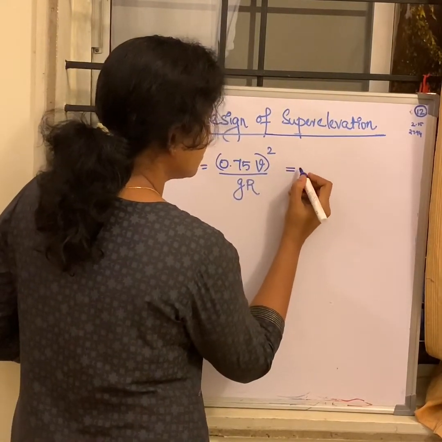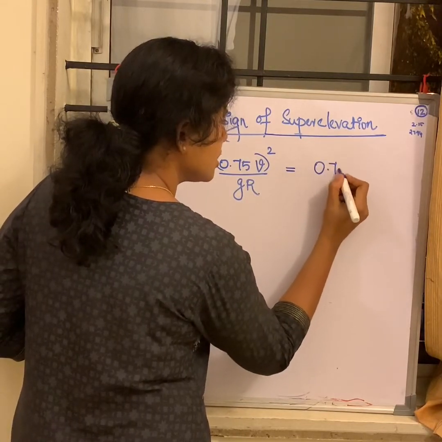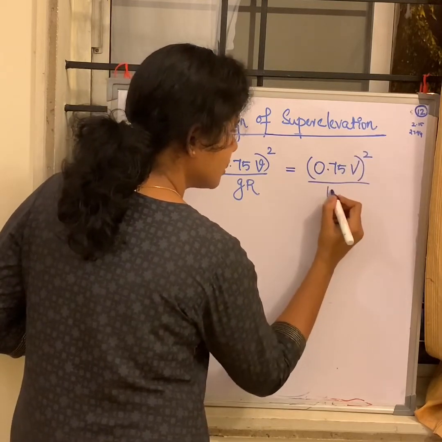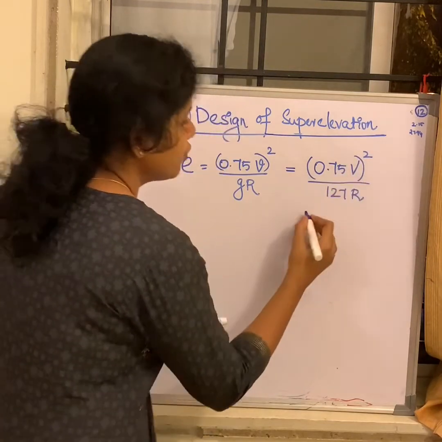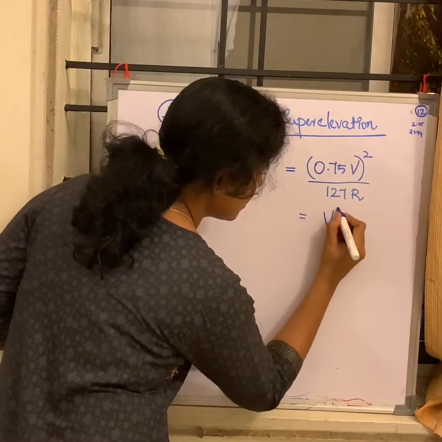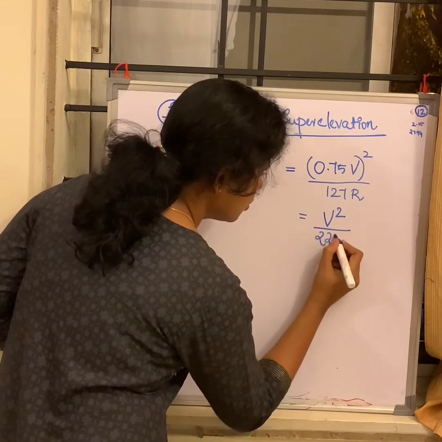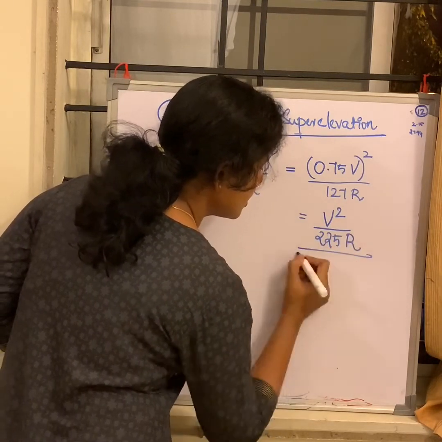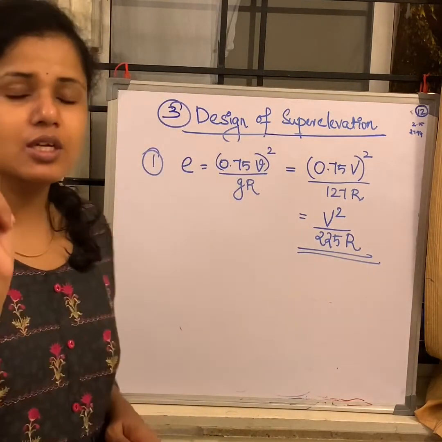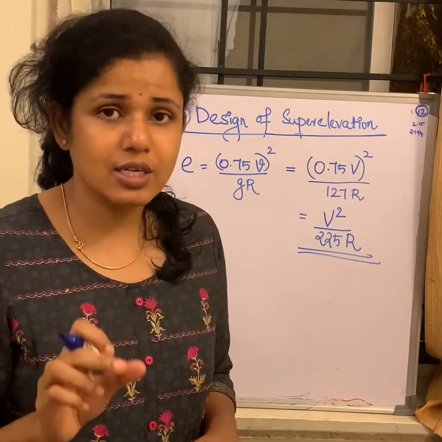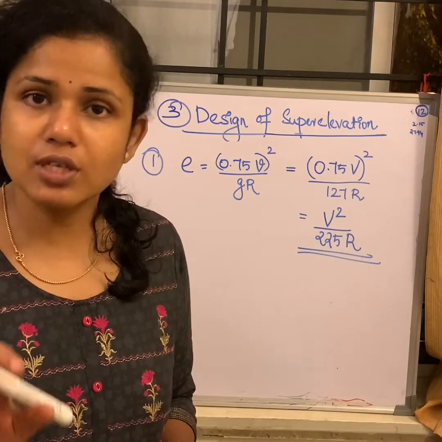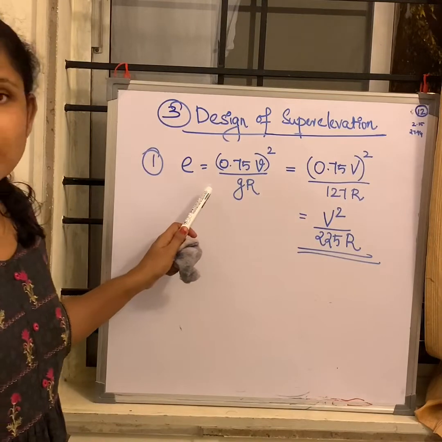If you want to convert to kilometers per hour, we can use the equation as (0.75 V) square divided by 127 R. Now, if you do a slight calculation with 0.75 squared and 127, you can rewrite this equation as V square divided by 225 R. So this V is in kilometers per hour. This is step 1, that is, calculate super elevation. I am emphasizing these two criteria again: neglecting the coefficient of friction and considering 75% of the design speed.